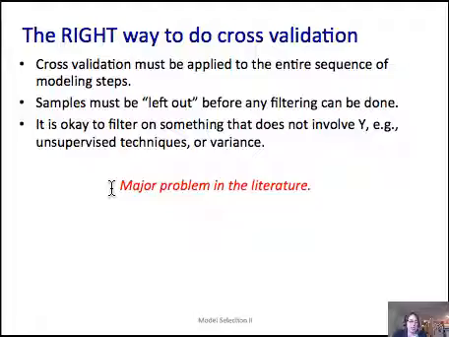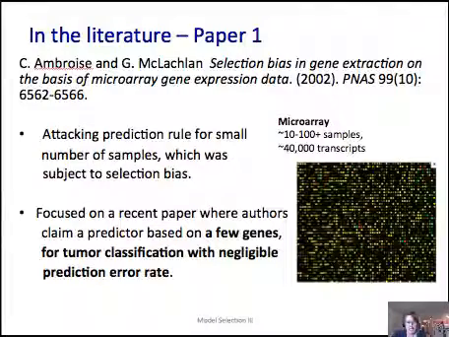So this is a major problem in the literature, and so we're going to explore a few different data sets in which that was done. So this is the paper we're talking about today. Now, here I say they attack prediction rules for small number of samples, which are subject to selection bias. Attacking might be a strong word.